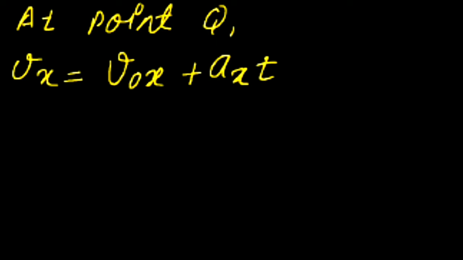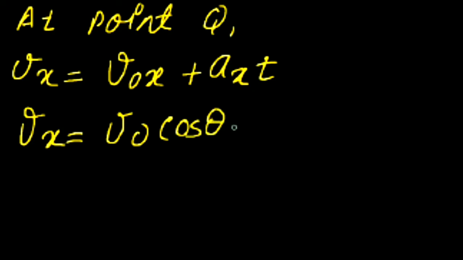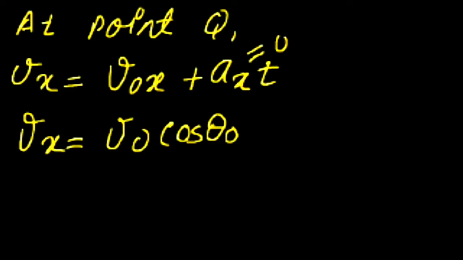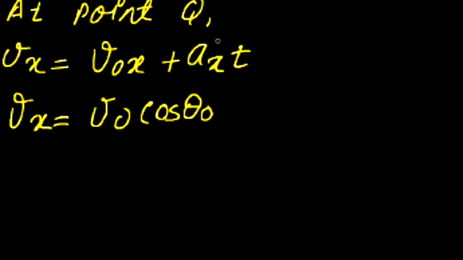Here v_0x equals v_0 cos θ_0 and a_x equals 0. Putting the values in the above equation, we get v_x equals v_0 cos θ_0, since a_x equals 0 so the second term will be 0. So v_x equals v_0 cos θ_0. This equation gives the value of velocity along the x direction.